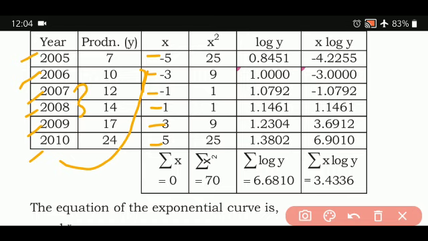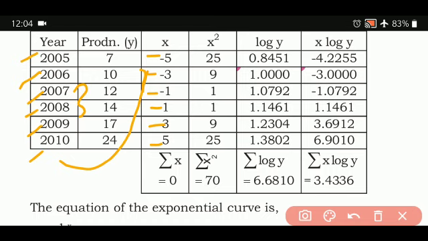I have explained that in the first method, so go through it once more to get it. Or simply, just remember children, your x value will be in this fashion if it is even, and if it is odd, the middlemost value will become 0, and then it goes in ascending or descending order. Remember that.